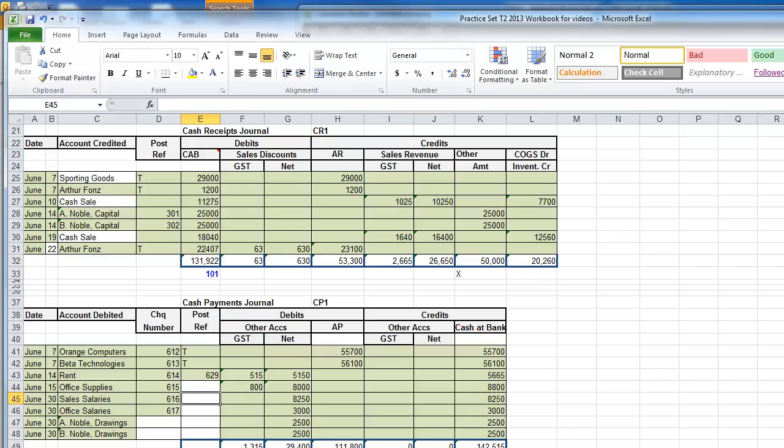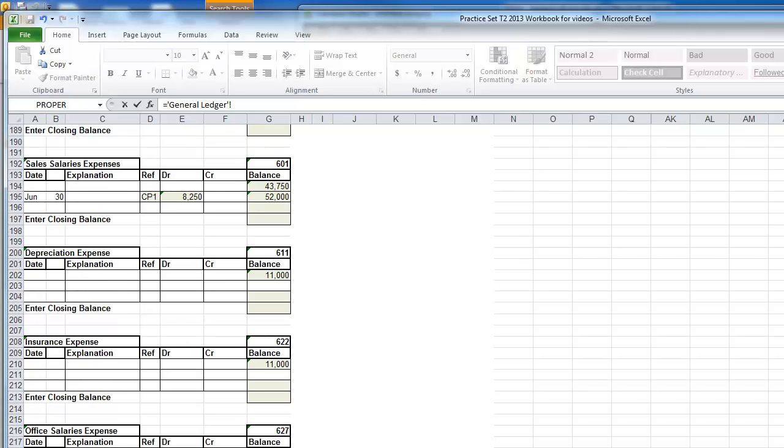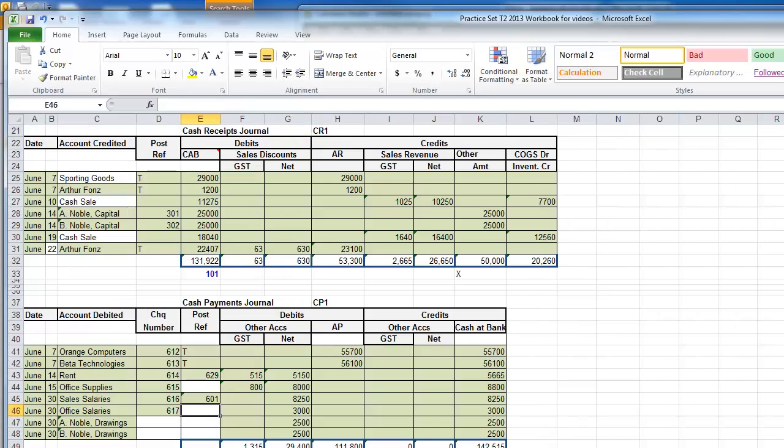And sales salaries was 601. That sort of makes sense that it's the first expense. So we also need to do office supplies 8,000 and office salaries 3,000.